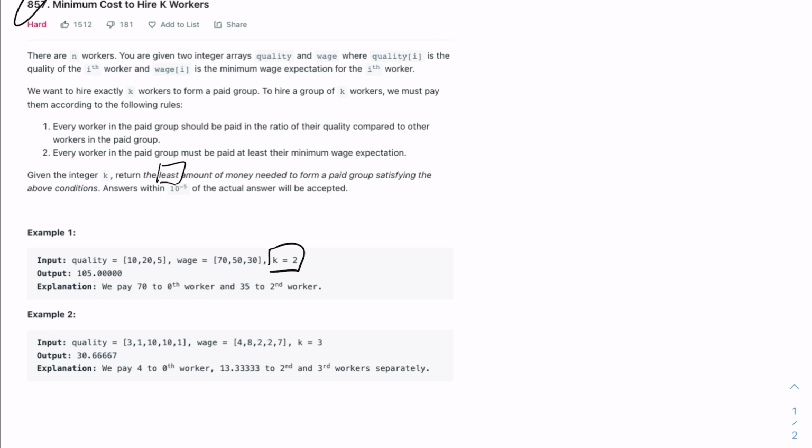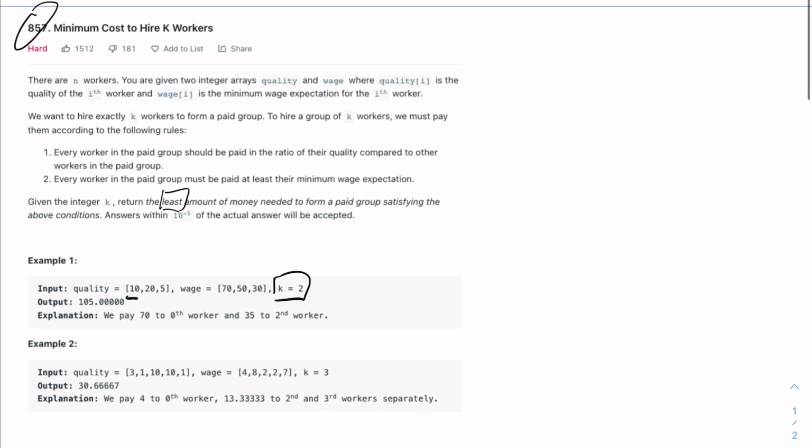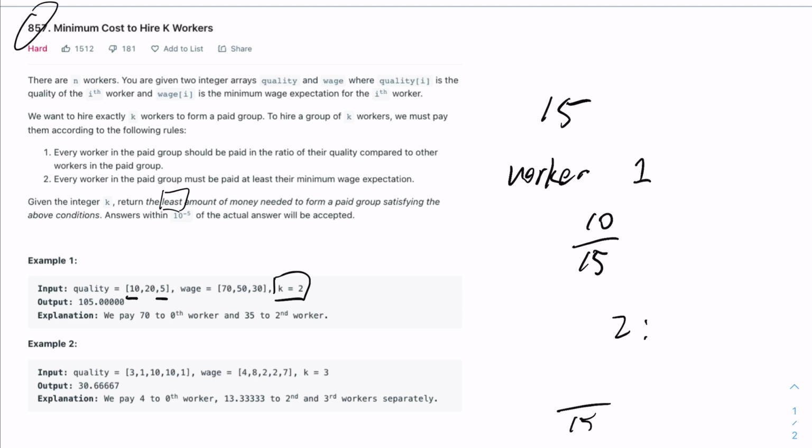So for example, if we want to hire worker 1 and 3, that means we have a total of 15 units of quality, and worker 1 will get 10 out of 15 of all the money, and worker 3 will only get 5 out of 15 of all the money.